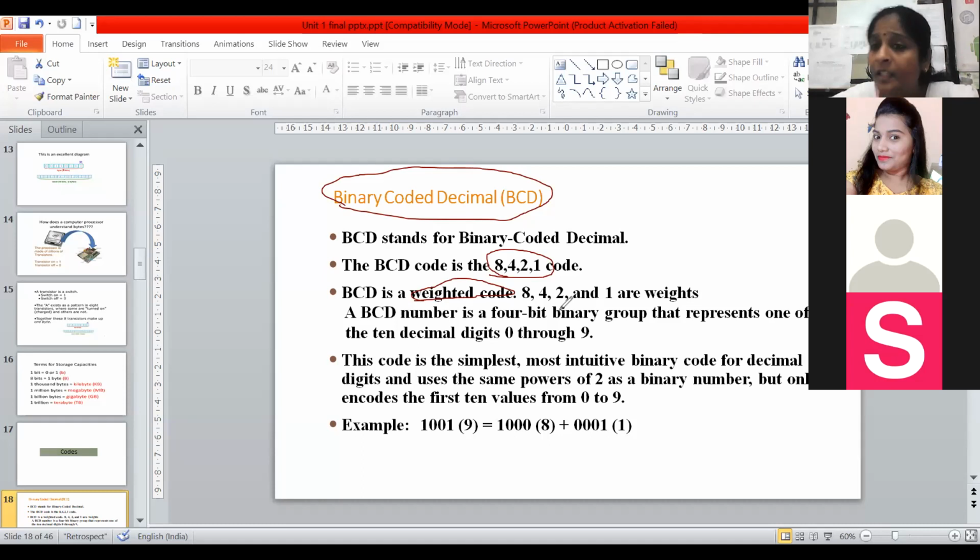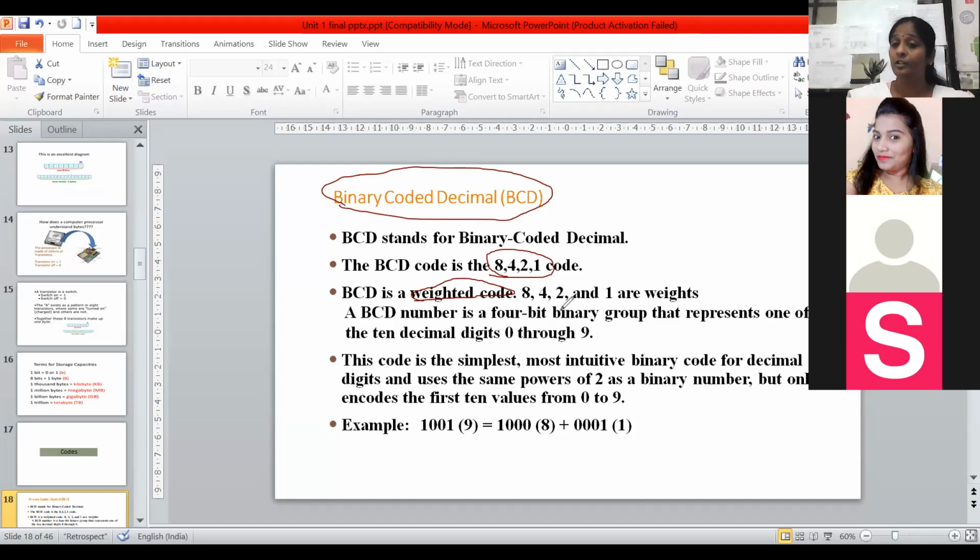Now just remember it this way: the BCD code is a weighted code, meaning each position, or each number present in the BCD, has its own weightage. Each has a different weightage, as I gave the example of the company. Who has the highest power? The owner of the company, maximum power.